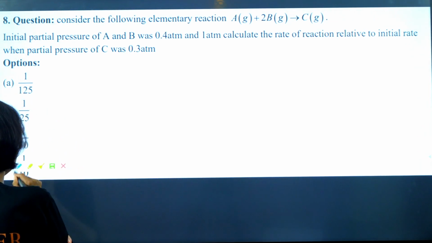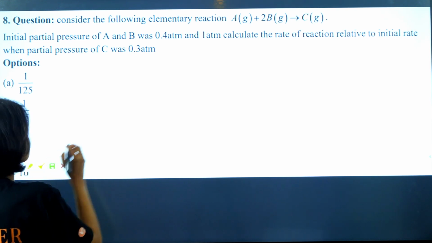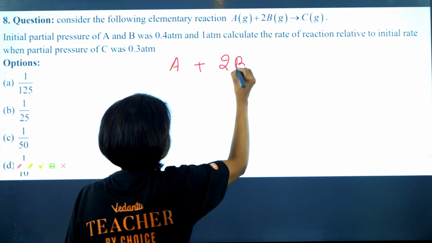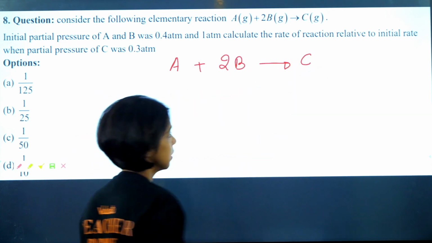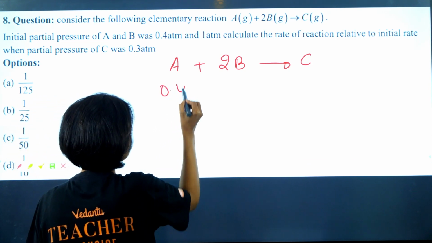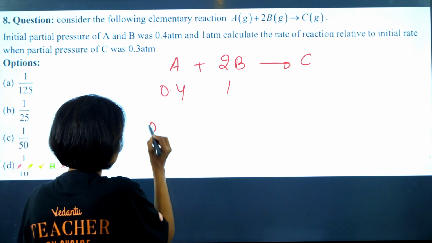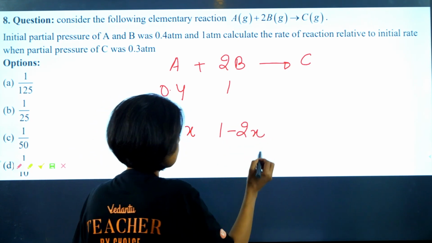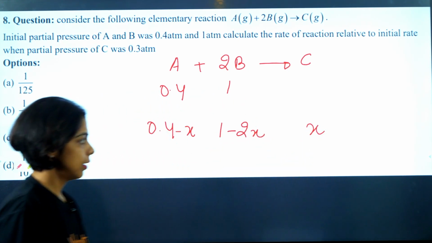Let me see what the reaction is. We have A plus 2B gives C. Initially the partial pressure of A is 0.4 and B is 1. After a while, this becomes 1 minus 2x, and this gives x.